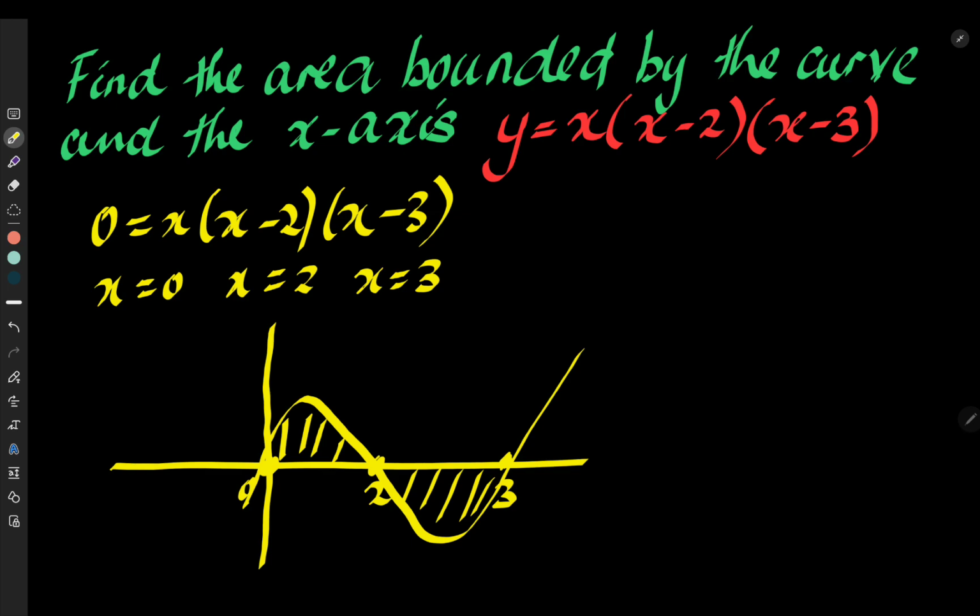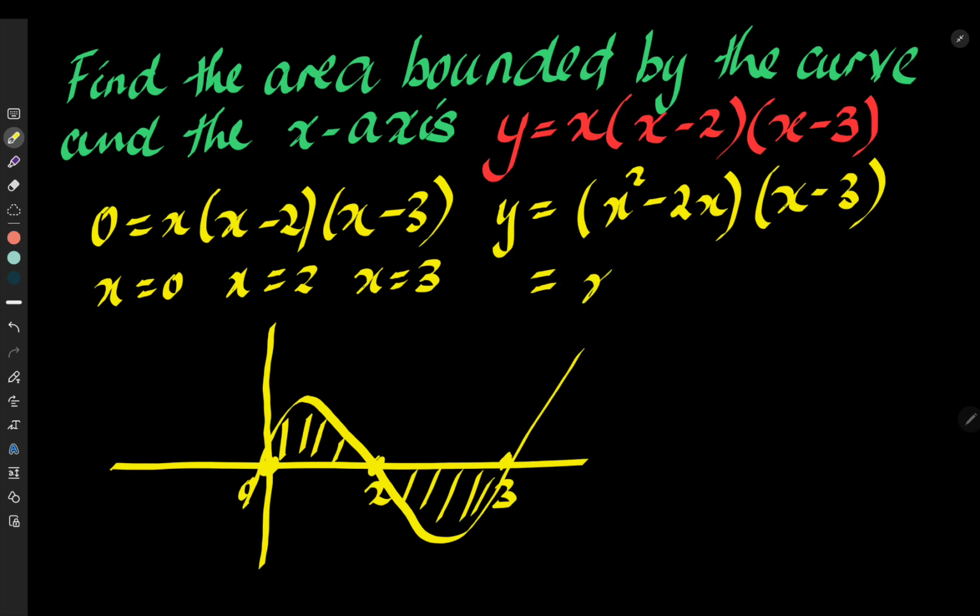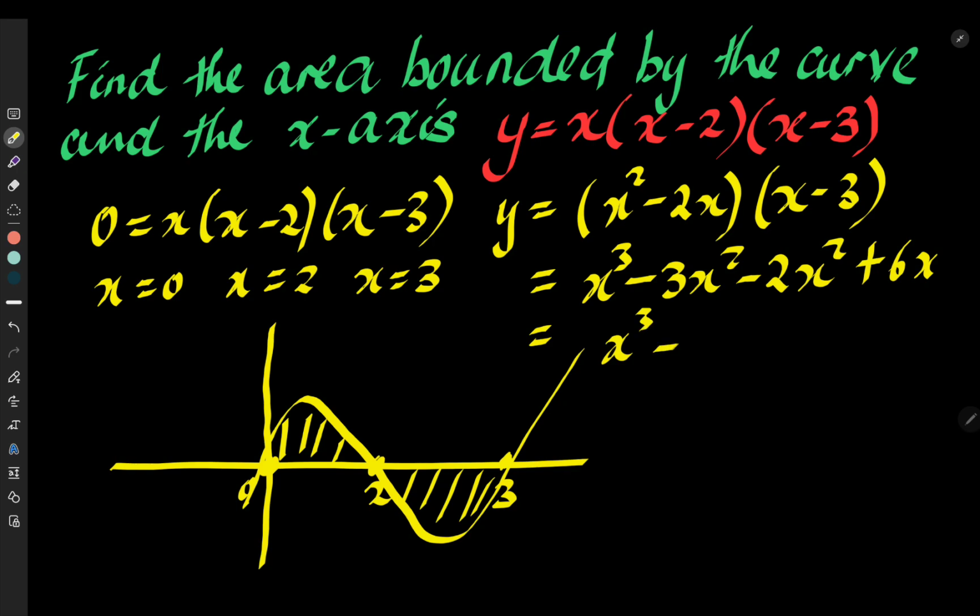Before we integrate this, we also want to expand that function. So that becomes y is equal to, in a bracket, x squared minus 2x, then bracket x minus 3. This can be expanded further to be x cubed minus 3x squared minus 2x squared plus 6x, which can be further simplified to x cubed minus 5x squared plus 6x.